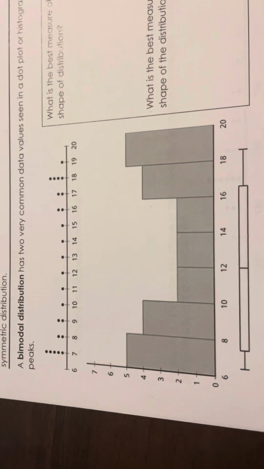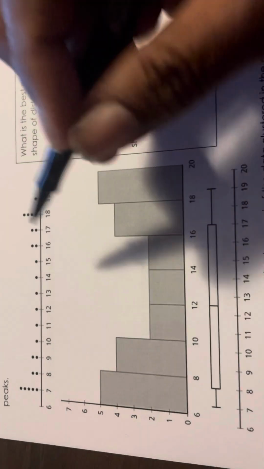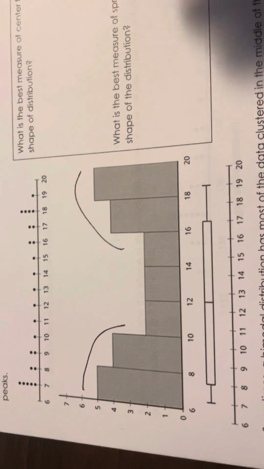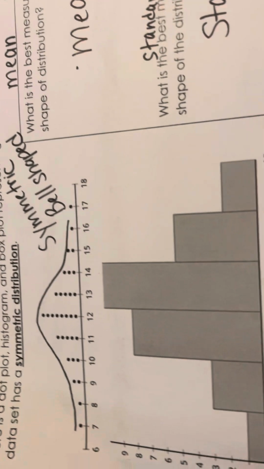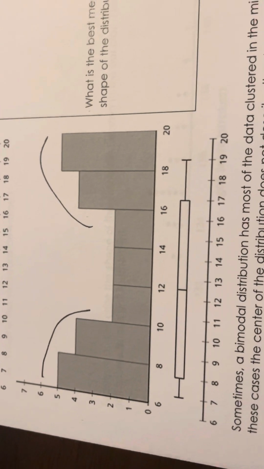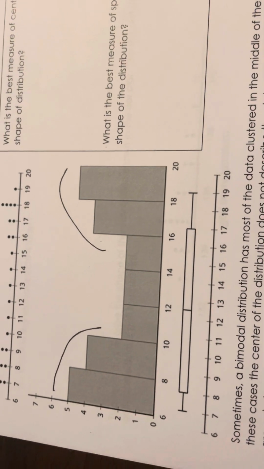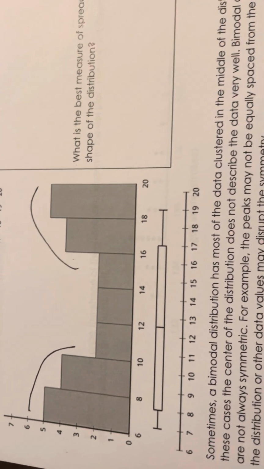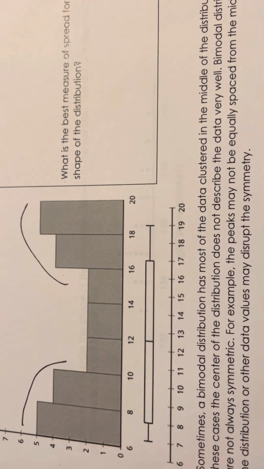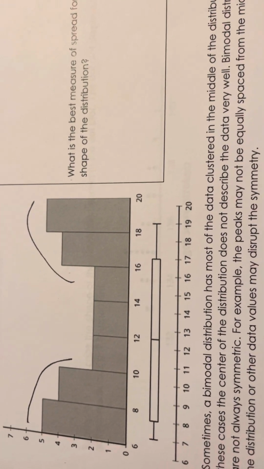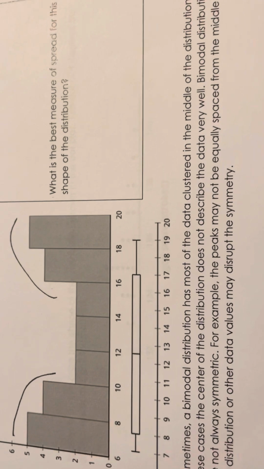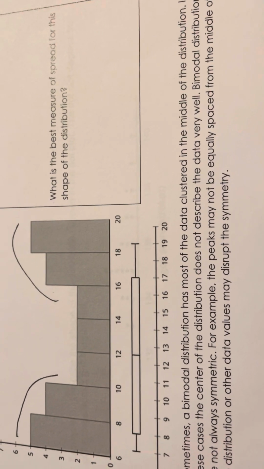Now, down here we have a bimodal distribution. Bimodal means that we have two areas where it's peaking, unlike the symmetric distribution, where you have one peak. Sometimes a bimodal distribution has most of the data clustered in the middle of the distribution. In these cases, the center of the distribution does not describe the data very well.